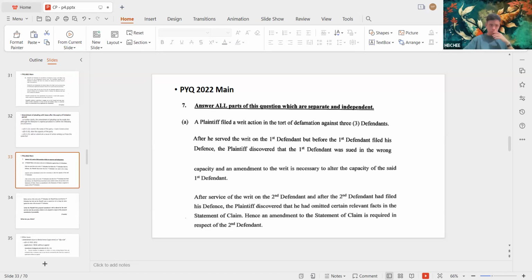So I just pasted the wording to the chat group already. So as you can see, amendment to alter the capacity in which a party sues, so only the defendant can make the amendment instead of the plaintiff, so the first amendment is unlikely to be allowed. Okay, when you already have Rule 5 sub 4, you just copy the wording, and then you can go on to make a conclusion already.